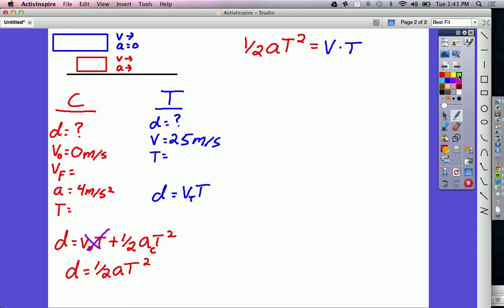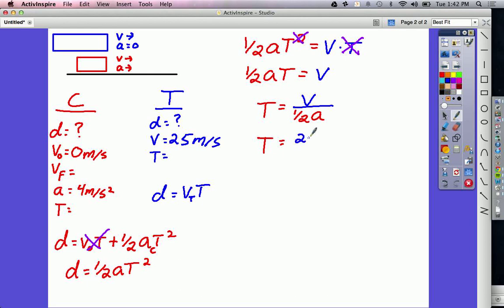Now I can cancel this t squared and this t, which will leave me 1/2 AT equals the velocity of the truck. I can now solve for time. I'm going to divide the 1/2 times the car's acceleration to the other side. And I get t equals v over 1/2 a.